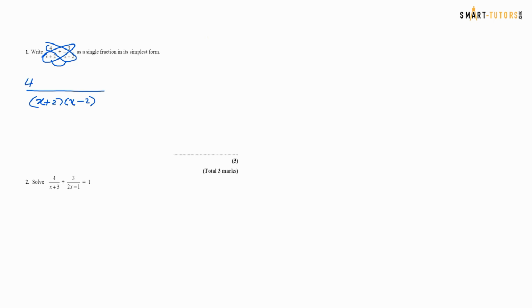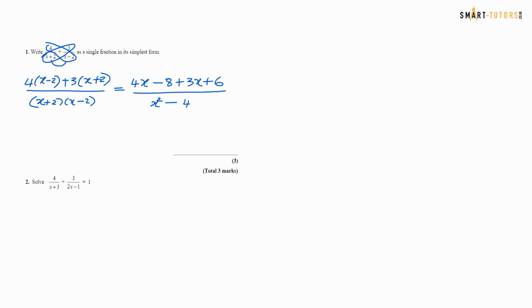So 4 is going to be multiplied by x minus 2 plus 3 is going to be multiplied by x plus 2. So you're going to expand the brackets. 4x minus 8 plus 3x plus 6 over x plus 2 times x minus 2, which you know is x squared minus 4.